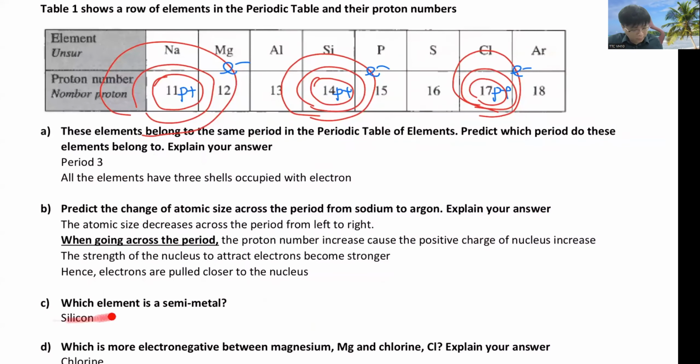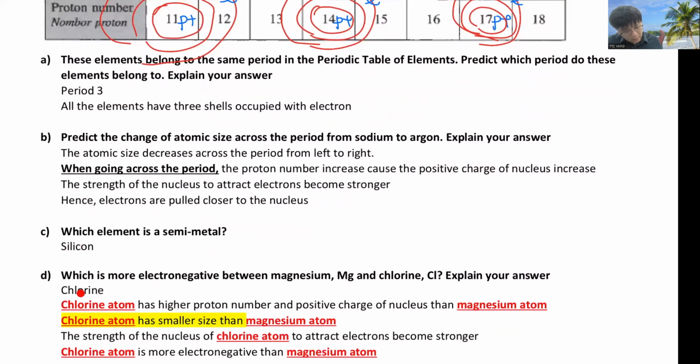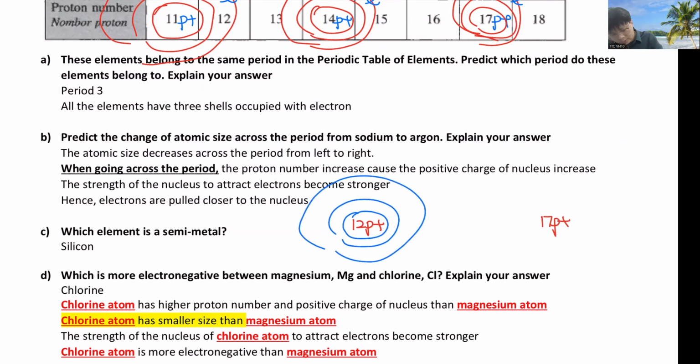So who is semi-metal? Silicon. Then who is more electronegative? Let's say we compare sodium and magnesium. Magnesium is 12, and this is 17. So the attraction force, of course, 17 is stronger, and it's smaller in size. If I have one electron here, who will attract it first? This one.